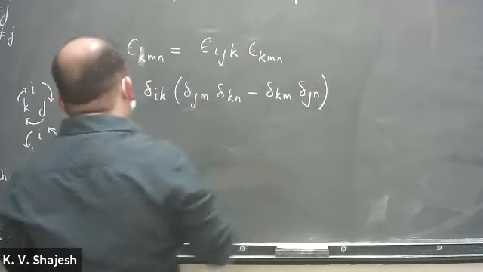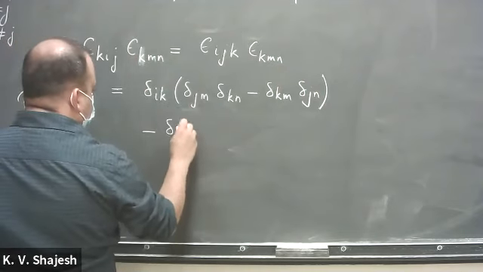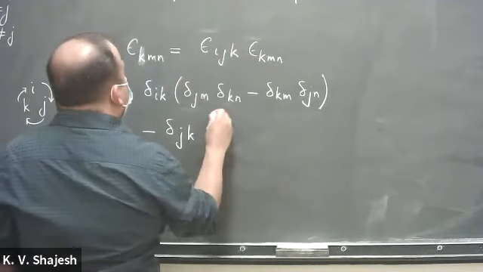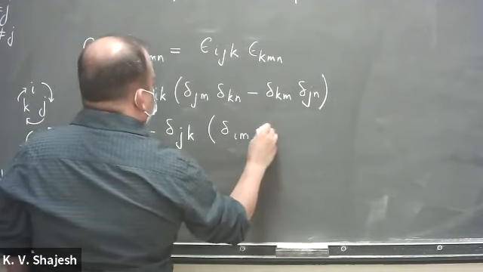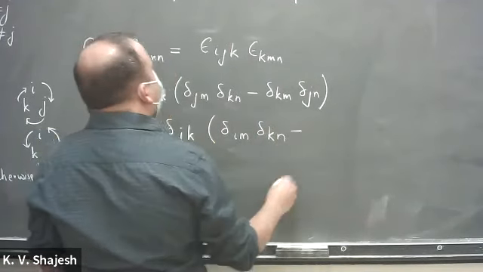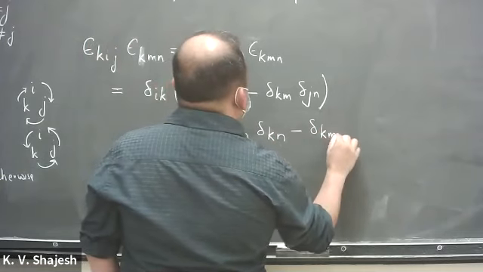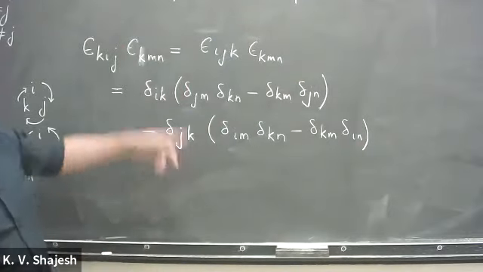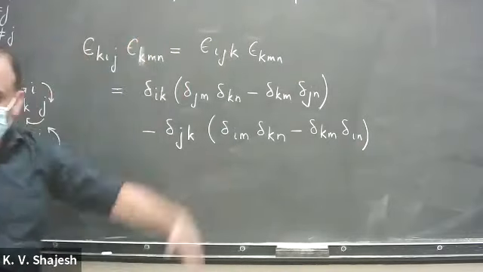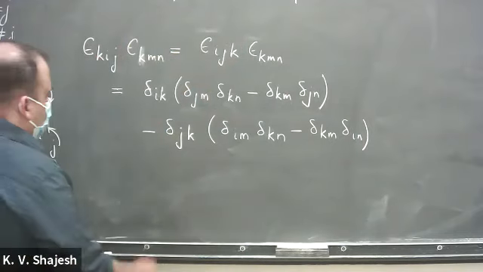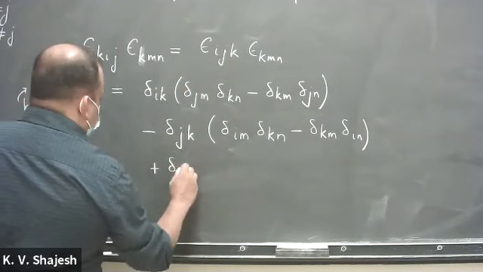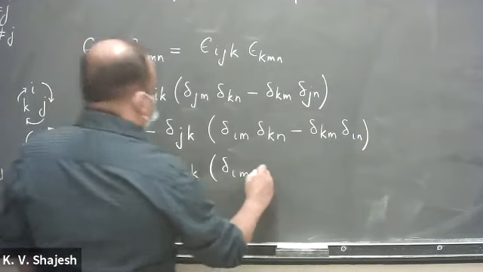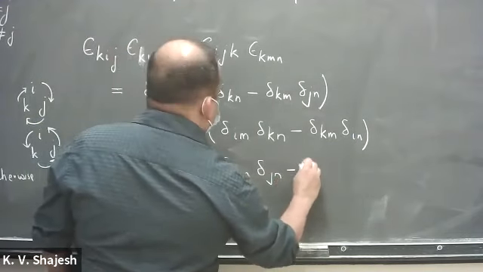So this is minus delta jk. So I'm starting with this, this, and this. So this is equal to delta im delta kn minus delta kn. Last time I started with this because it doesn't matter really. I just did it this way so that I remember to write l. Last time I forgot to replace l with k. So it's plus delta kk times delta im delta jn minus delta jn.